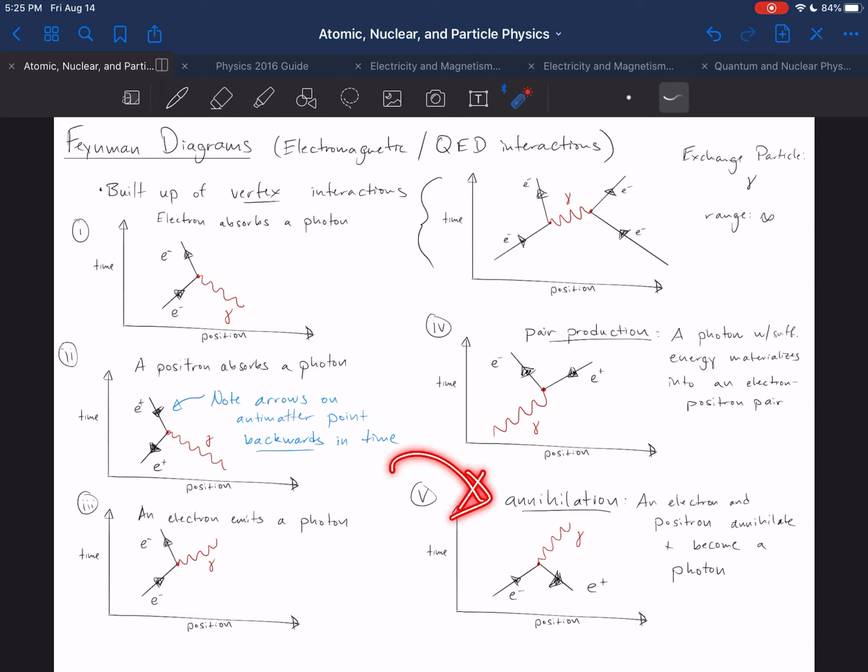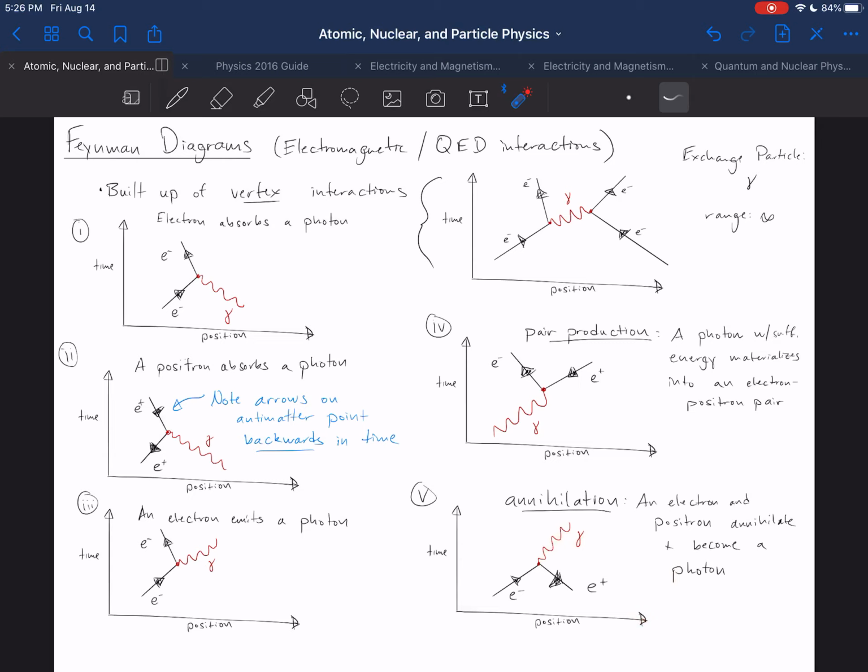The reverse of that also happens. So if a matter particle and an antimatter particle collide, you get what is known as annihilation, which is a formal term. In this particular vertex interaction, the two particles collide and produce a photon. In real life, in space, you do get pair production, but it is almost always followed by annihilation.